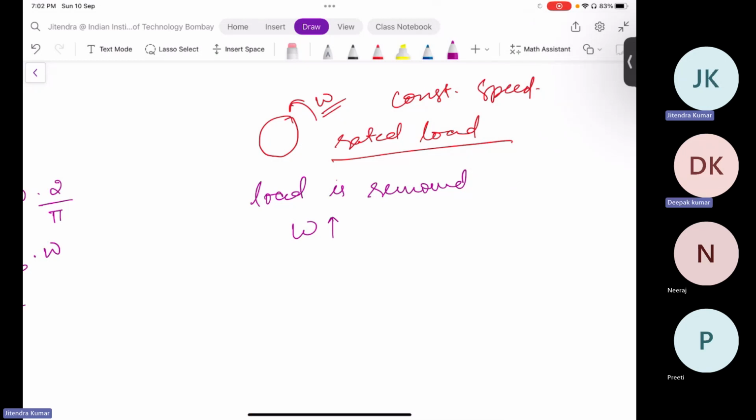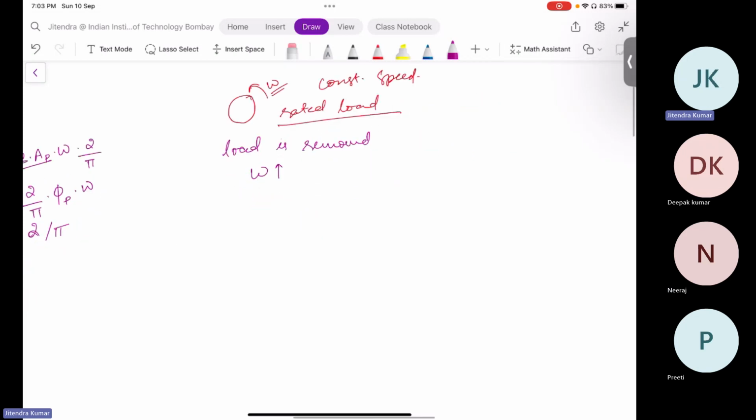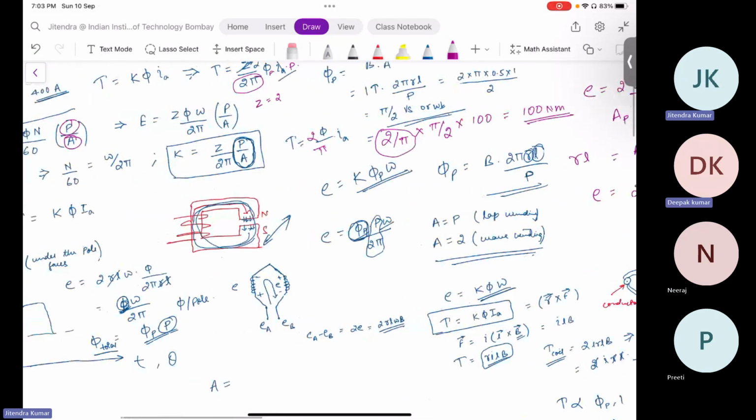Okay. And why is it increasing? Let me derive or compute what will happen to this angular speed. Whenever speed is asked in the question, what should you relate it to? Current is related to torque, right?